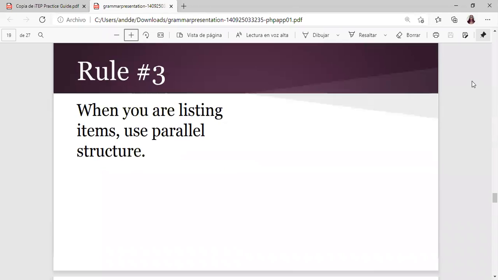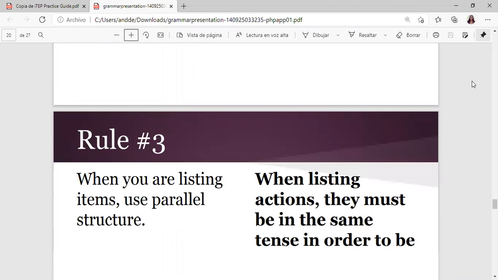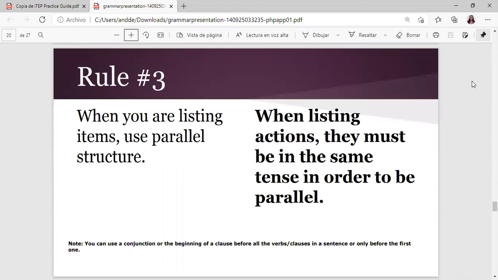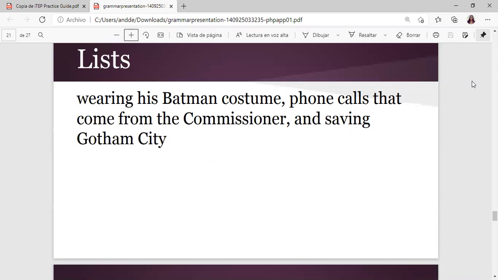Last but not least, rule number 3. When you are listing items or things, it is necessary to use a parallel structure. For example, wearing his Batman costume, phone calls that come from the commissioner, and saving Gotham City.